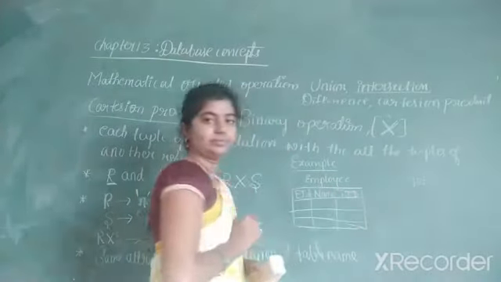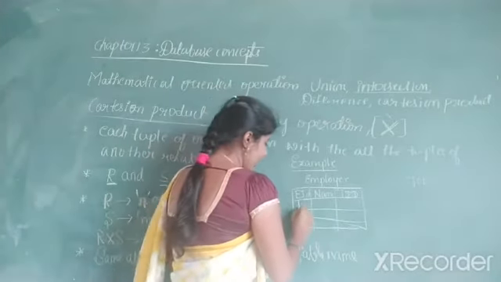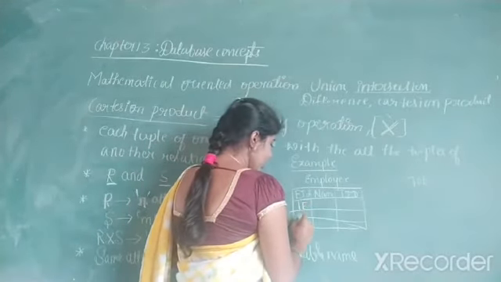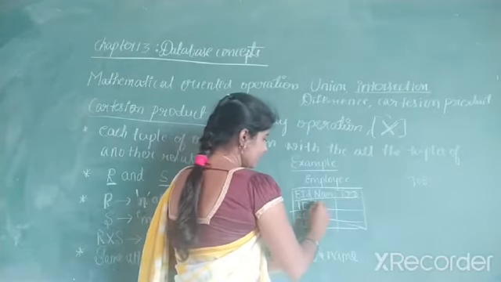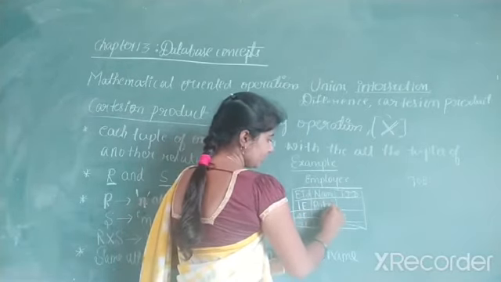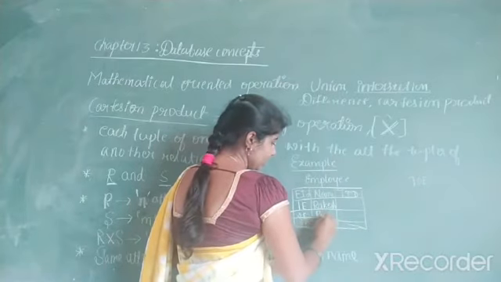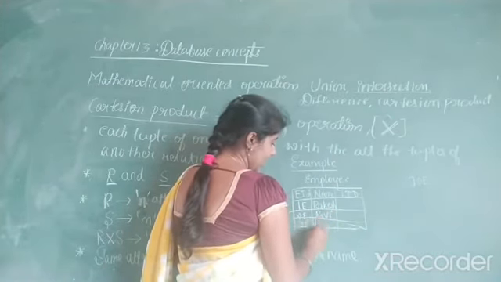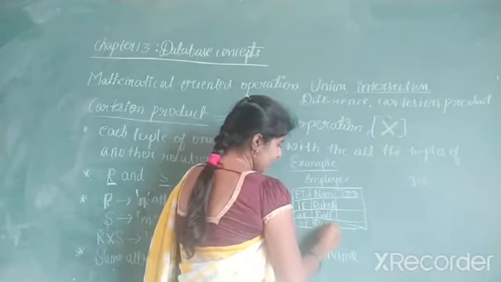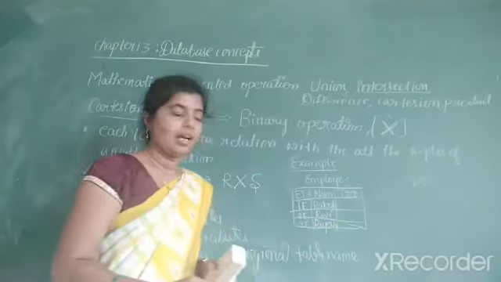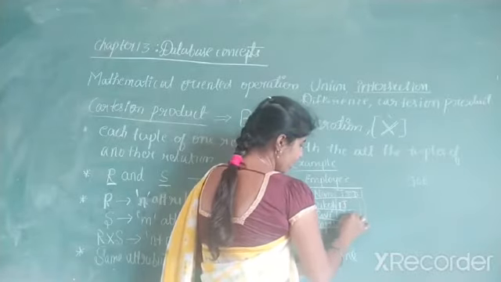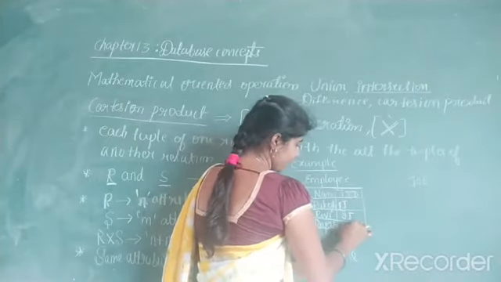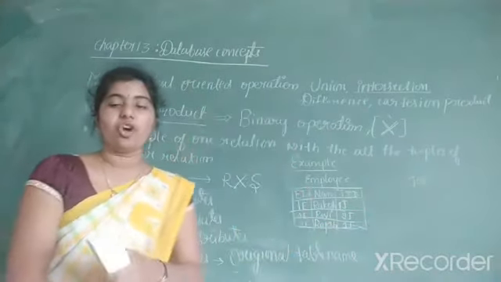Here employee ID is 1E, 2E and 3E. Employee names are Rakesh, Ravi and Rajesh. These three are the employees. And job ID is 1J, 2J, again 1J. This is the JID, meaning job ID.